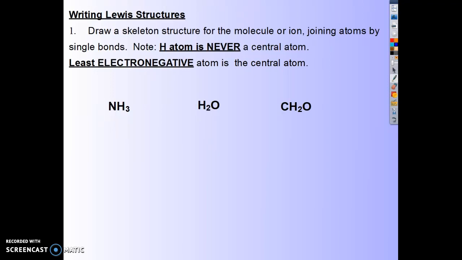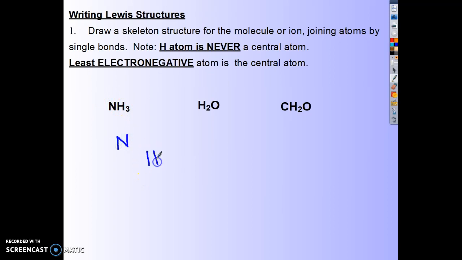Well, of all the elements that could be in a covalent compound anyway. So, hydrogen can't be in the center, but whatever is the least electronegative should be in the center. If we look at the first one, since all we have is nitrogen and hydrogen, of course nitrogen is going to have to go in the center because hydrogen cannot.